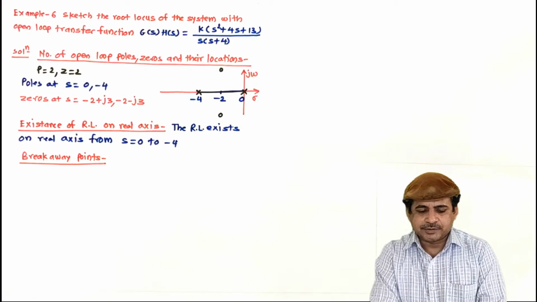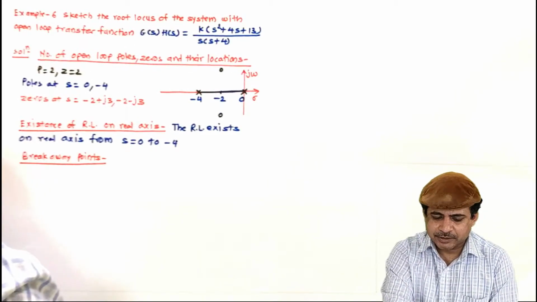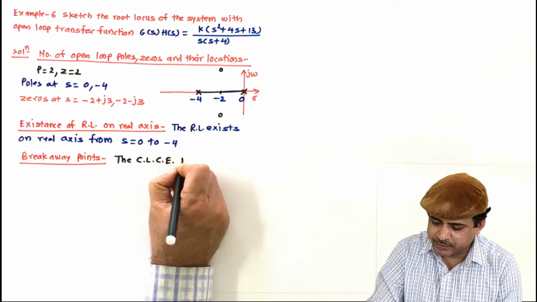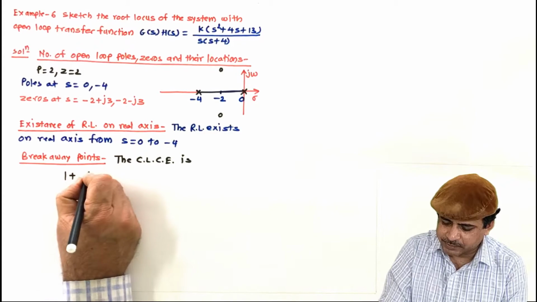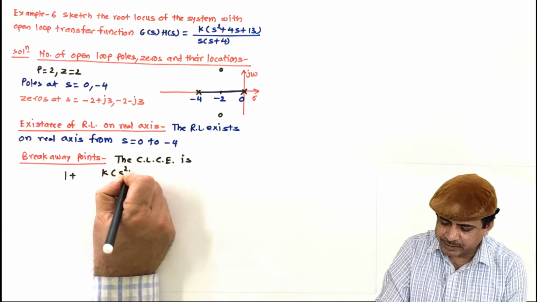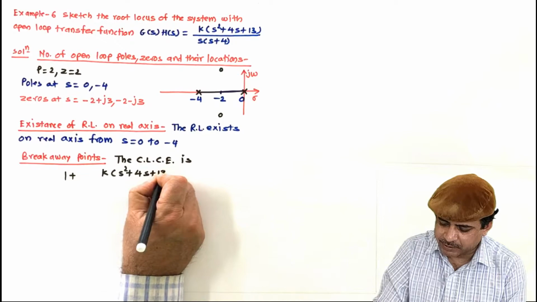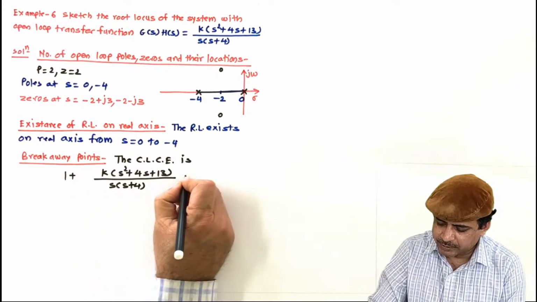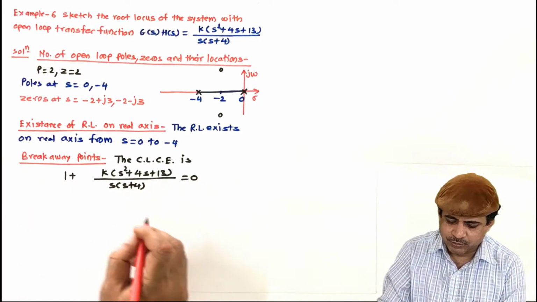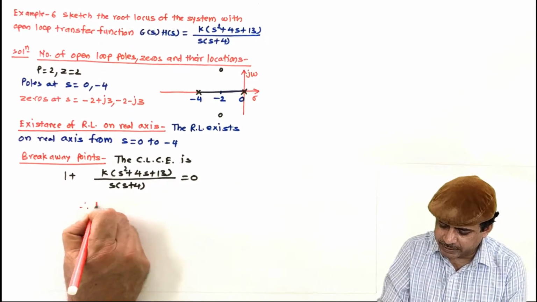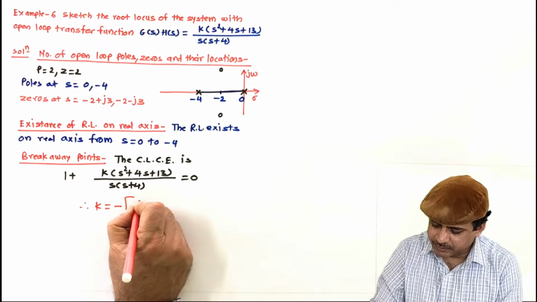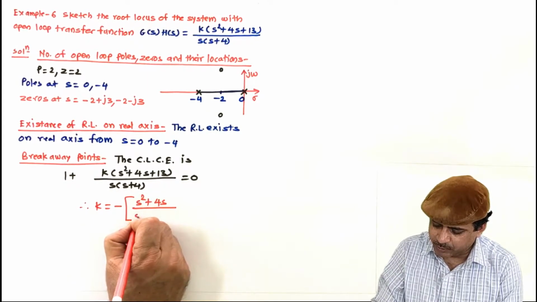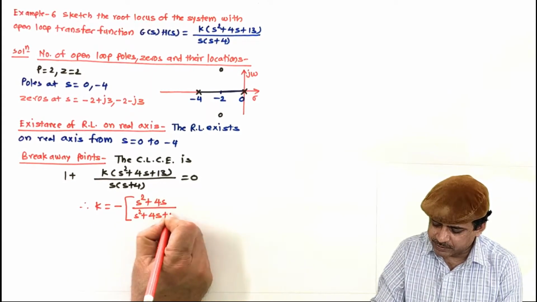For breakaway points, the closed loop characteristic equation is 1 plus K into s square plus 4s plus 13 divided by s into s plus 4 equal to 0, and that gives me K is equal to minus s square plus 4s, this expansion, upon s square plus 4s plus 13.